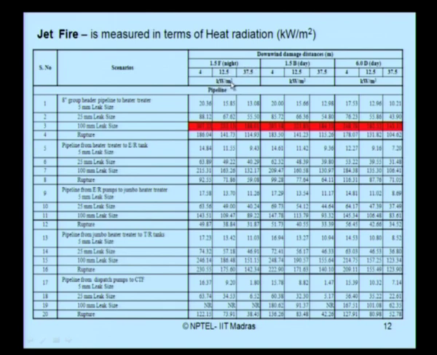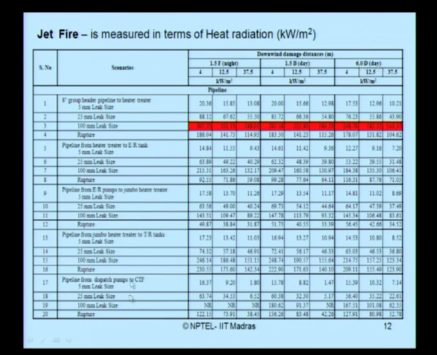For example, a radiation level of about 4 kilowatt per square meter can go a longer distance and can be sustainable. If the radiation level is about 37.5 kilowatt per square meter, it is intolerable, therefore having more risk. And that can happen at night at 1.5 F, in the day at 1.5 B, that is a stability class. It can also happen in the day at 6 D, again a stability class.